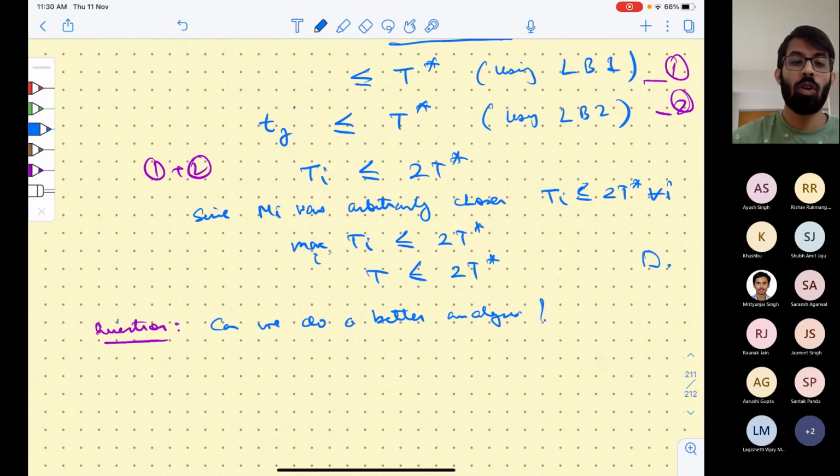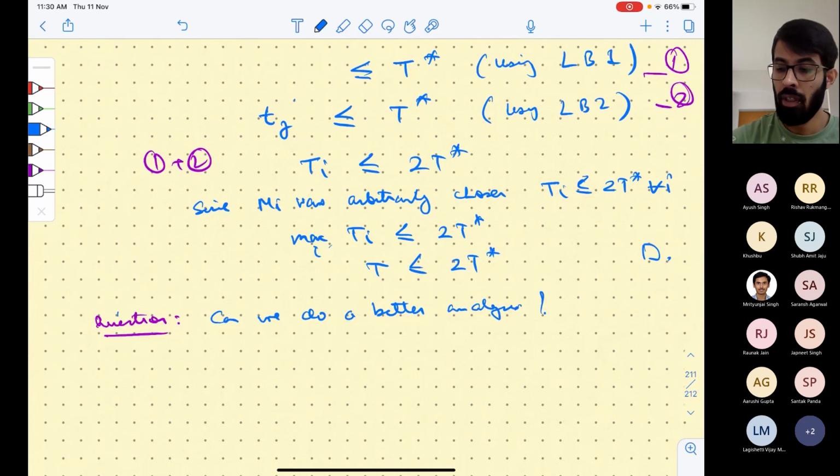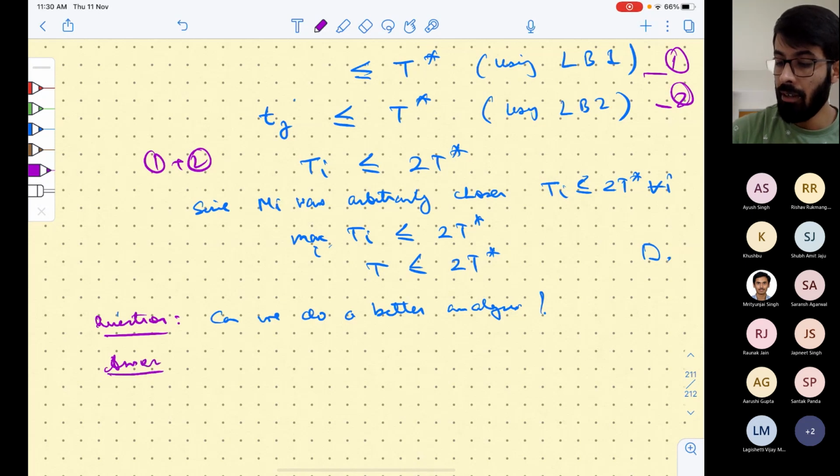Maybe this algorithm achieves a better ratio than 2 with the optimum. But the answer is not really, just slightly, but not much. It cannot do much better than 2. Why?